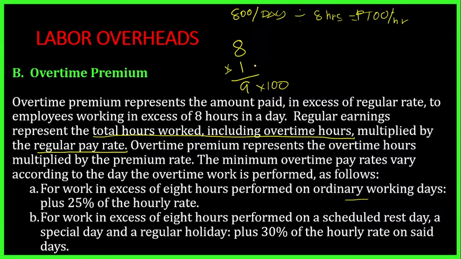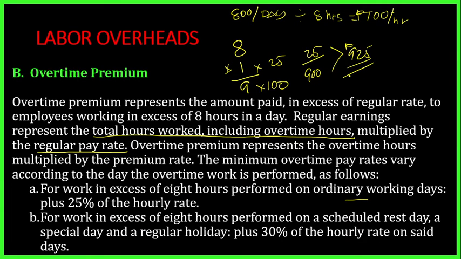Okay, so times 25. Okay, kasi yun yung overtime premium natin. Okay, so, ayun. Now, if you try to get that, so you'll get 25, and then 9 times 100, you'll get 900. Okay, so for the day, you will be getting 900.